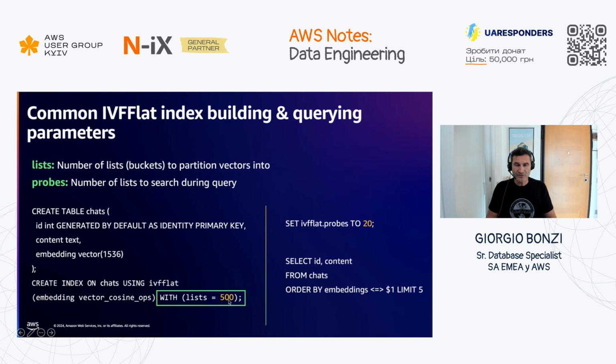And before executing the similarity search, we can also specify the number of probes. So we would like to compare only the vectors belonging to the 20 clusters over the 500 clusters with the closest centroid to our input vector $1.